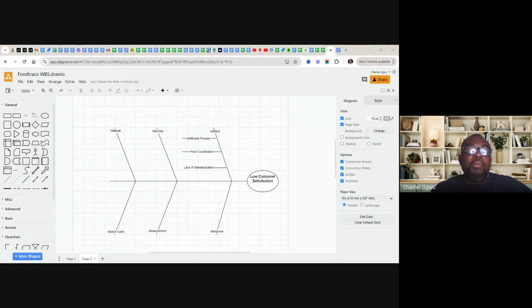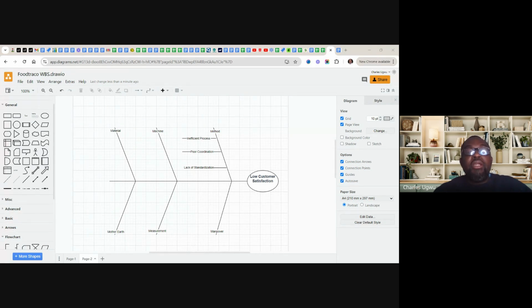Whatever the problem might be, it cannot be out of this environment. The problem must be hidden within the environment. And we want to bring out everything. Just like you are looking for a fugitive in a community, you want to bring everybody out, search the whole house, everything. So that is what we're doing here using fishbone diagram.